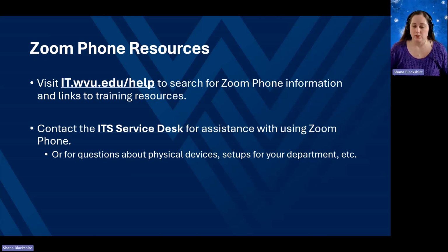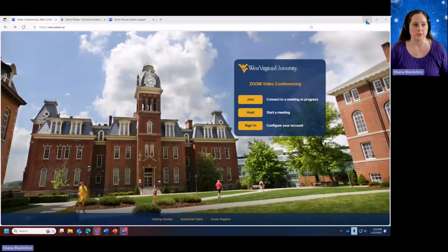If you do have additional specific questions or need help with your department setups, you can submit a ticket to the ITS telecommunications group by submitting to the service desk. It's also there at it.wvu.edu/help. I'm going to switch to sharing my screen instead.